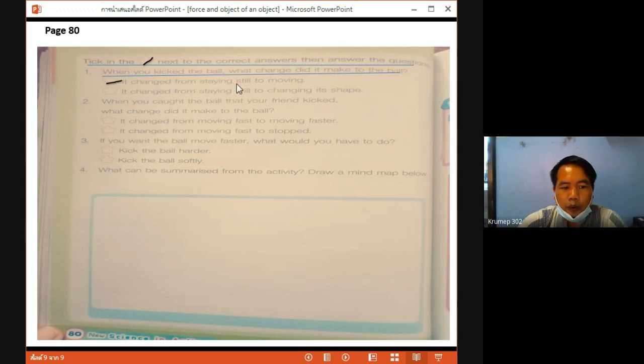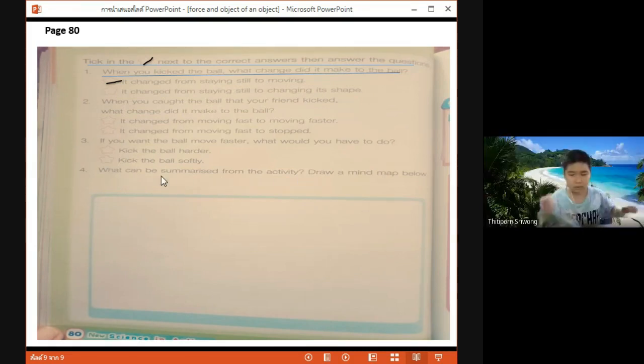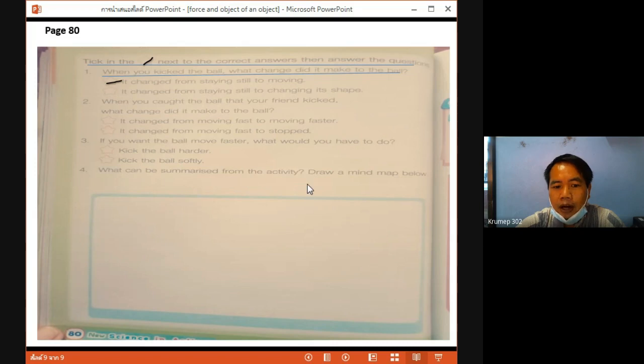You are going to do number two, number three, and number four. In number four, what can be summarized from the activity? Draw a mind map below.